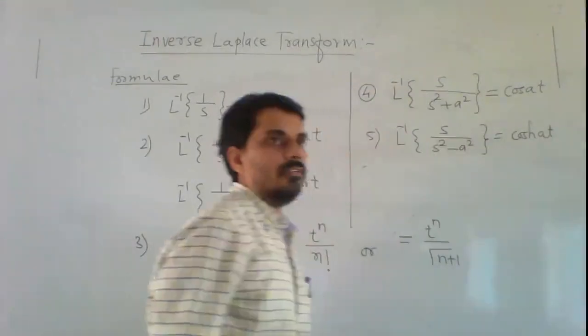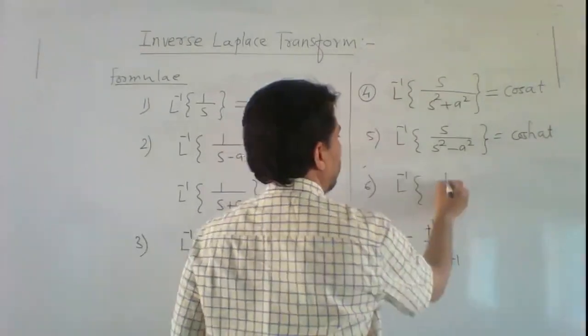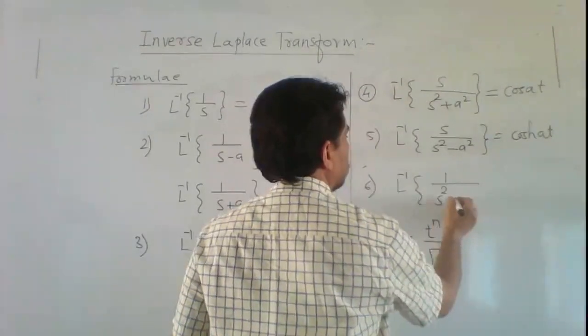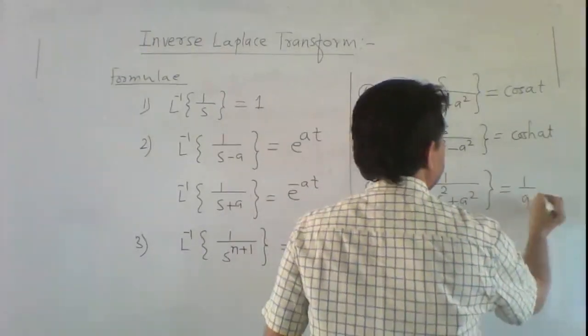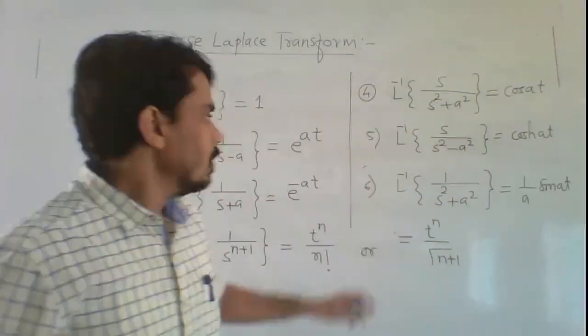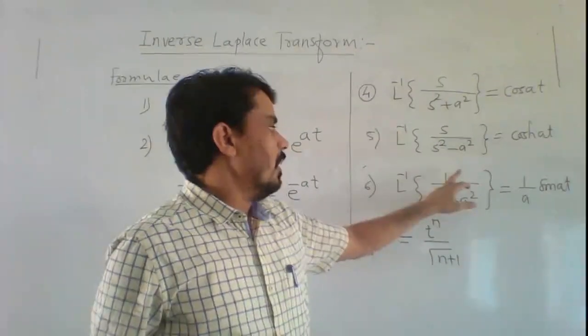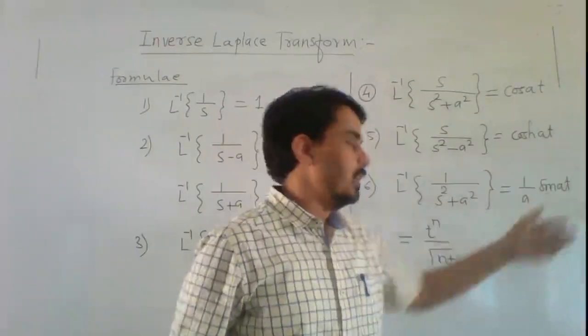This is the hyperbolic function. Inverse Laplace transform of 1 upon s square plus a square is 1 by a sin at, or L inverse of a upon s square plus a square is equal to sin at.